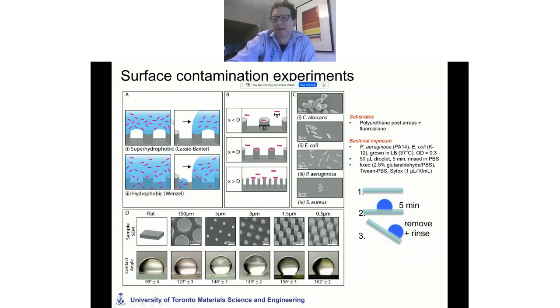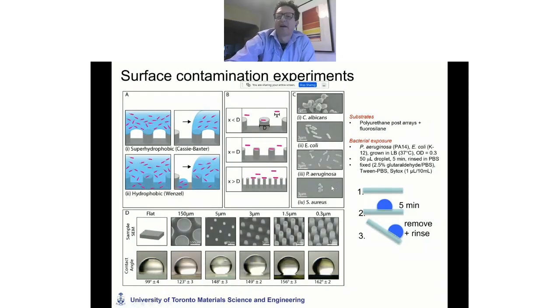So hopefully that's clear. What we've done here is test 4 different strains of microbes: Candida albicans, a fungus, yeast, E. coli, Pseudomonas aeruginosa, and Staph aureus. All have slightly different sizes of cells.